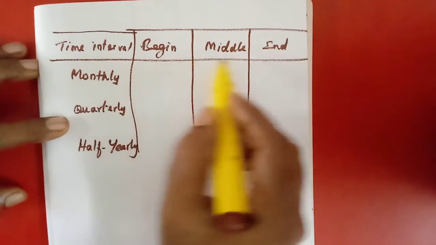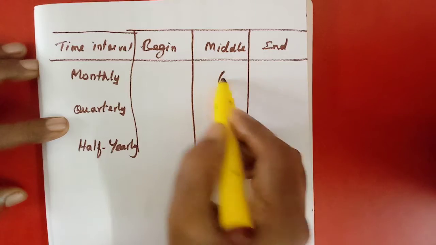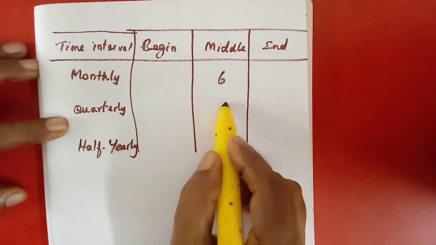Then in the middle, you remember the average period is 6.